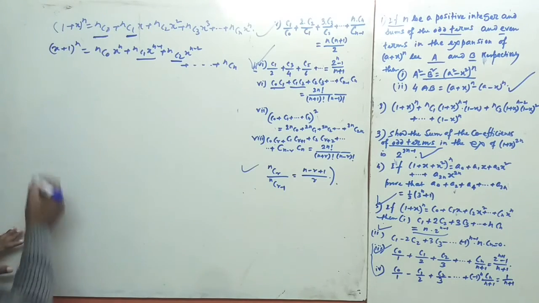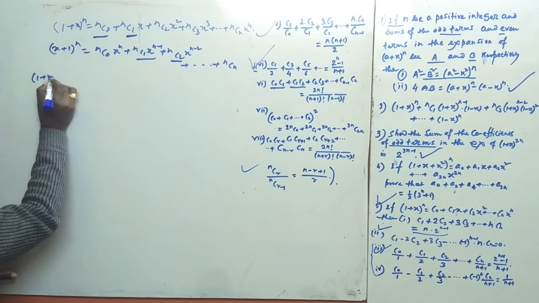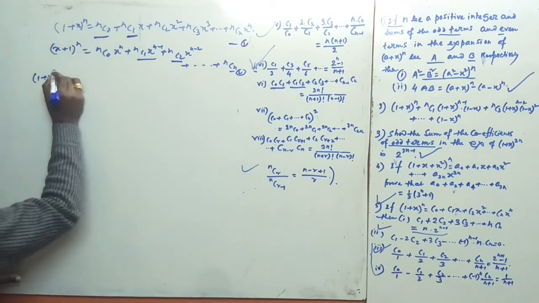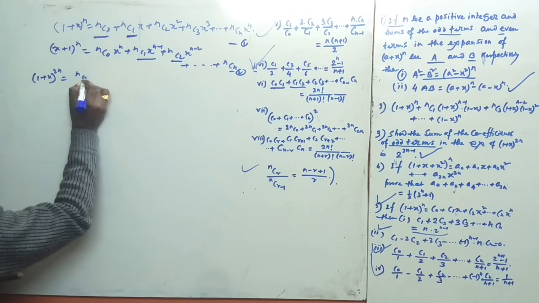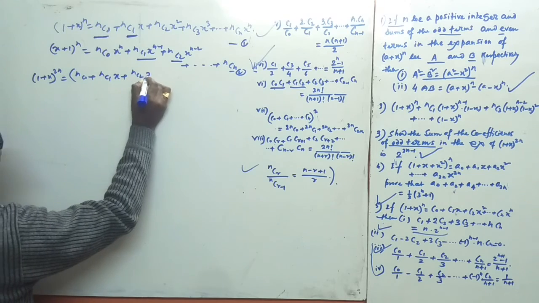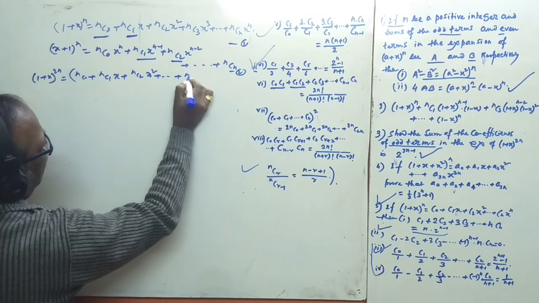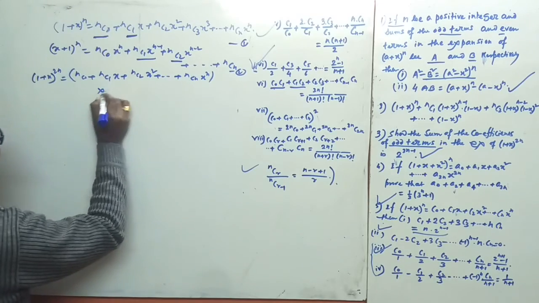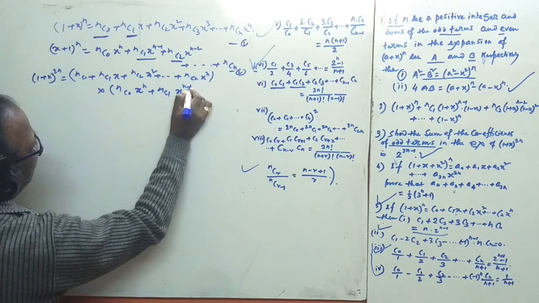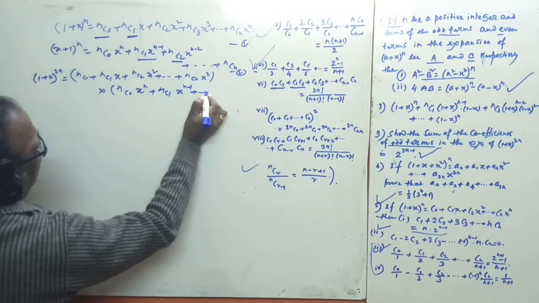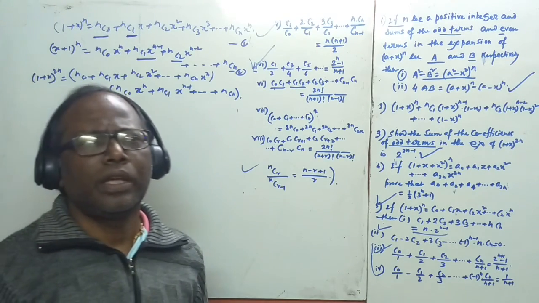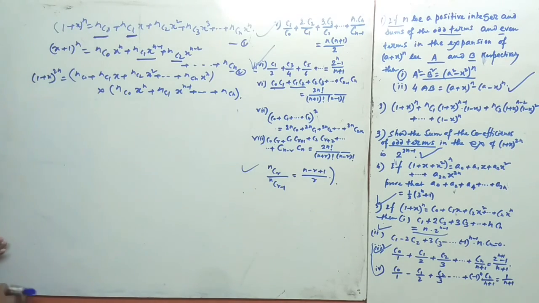Now multiply these two parts, 1 and 2, that is nC0, nC1 x, nC2 x square, up to nCn x to the power n, into nC0 x to the power n, nC1 x to the power n minus 1, and so on up to nCn, and compare the coefficient of x to the power n minus 1 on both sides.